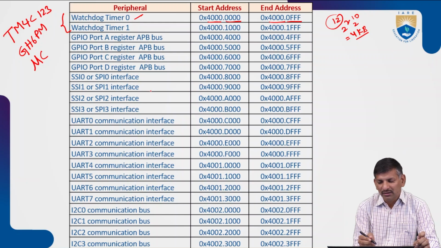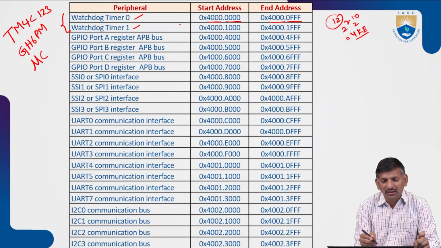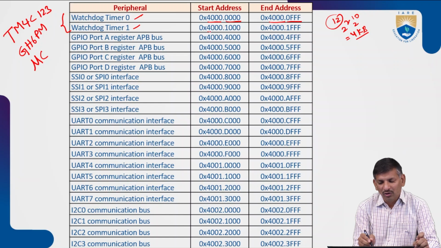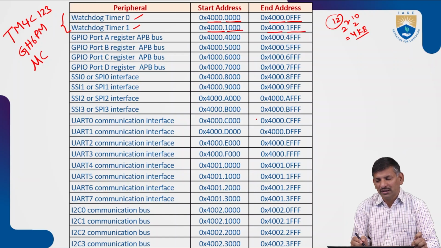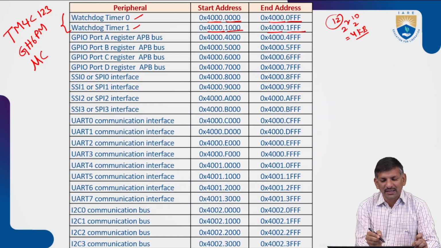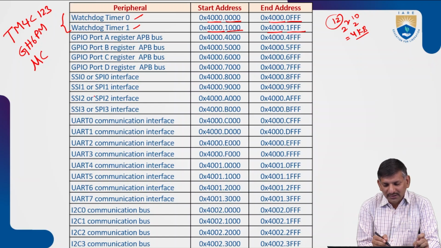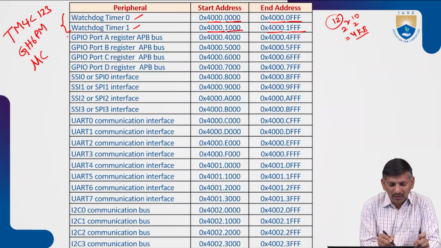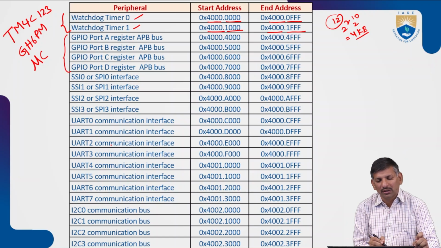In the same manner, watchdog timer 1 address range is 4000 1000 to 4000 1FFF. Like that, 4 kilobytes we are assigning for watchdog timer 0 as well as watchdog timer 1. Next, it contains different types of I/O ports, among them particular ports.